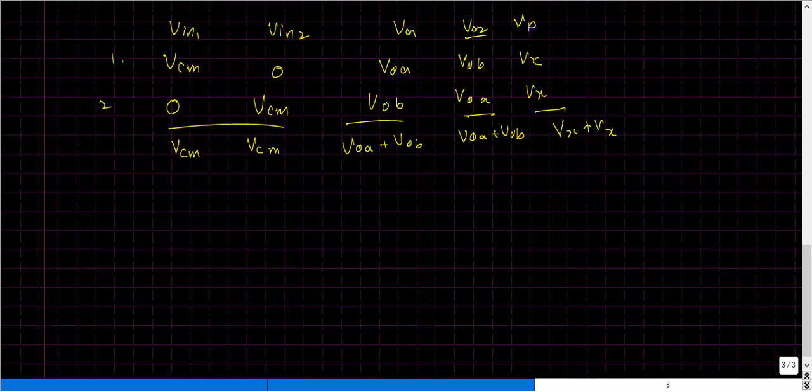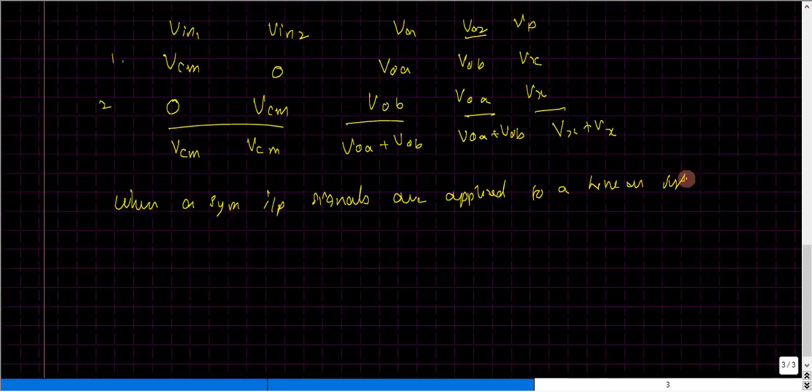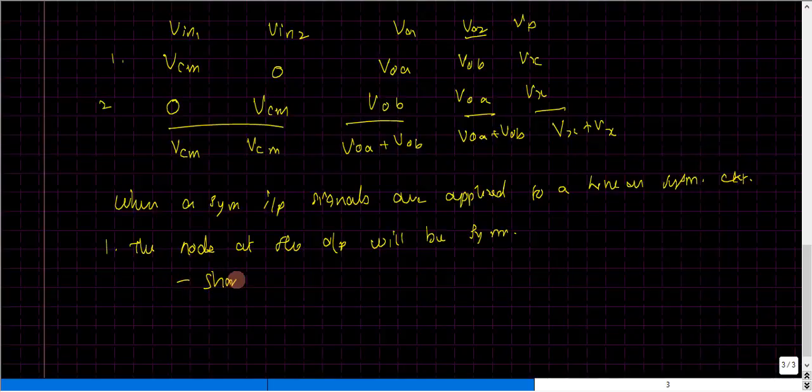Again, deriving some intuition from the results, we can state that when symmetric input signals are applied to a linear symmetric circuit, the nodes at the output will be symmetric, and when the values are the same, we can short those nodes.